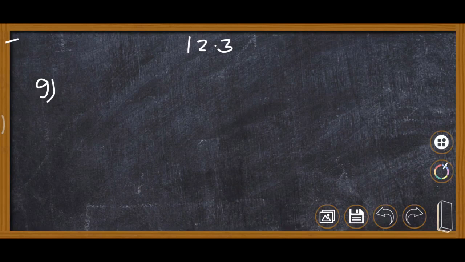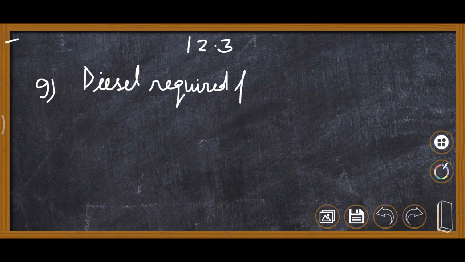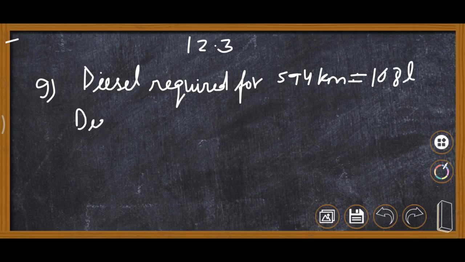Now here we will write diesel required for 594 kilometer. This is 108 liter. Now we will find diesel required for 1 kilometer.